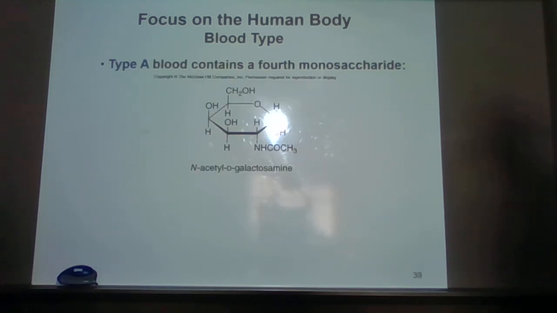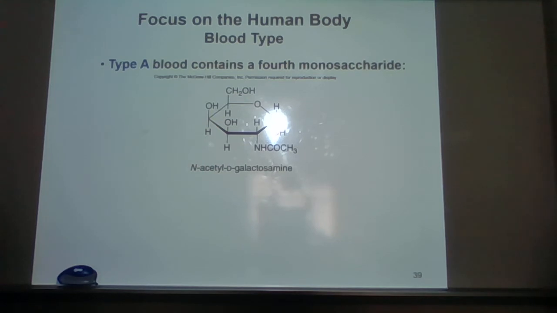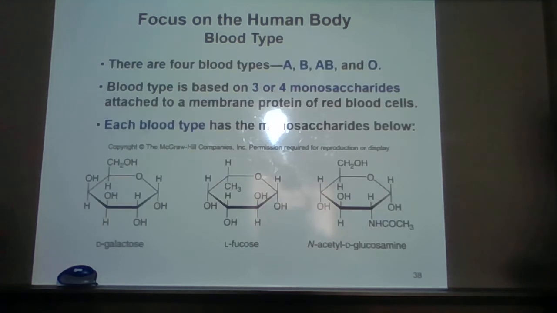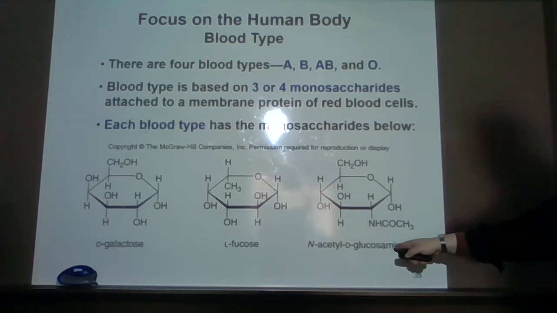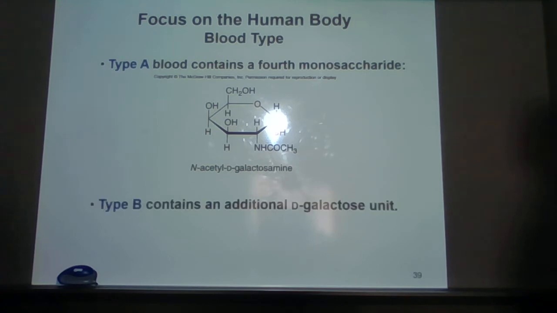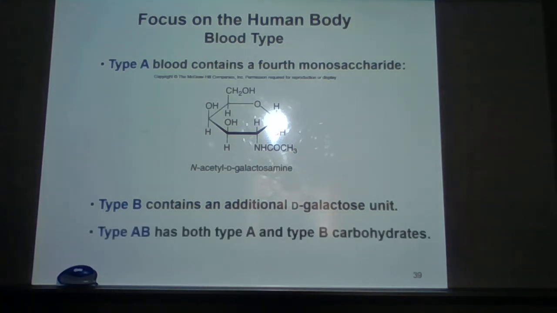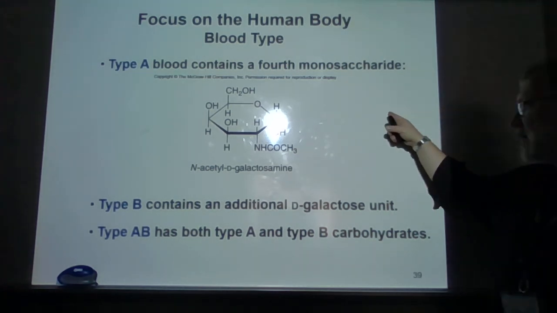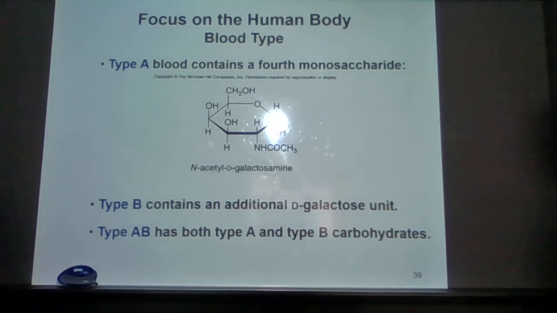Type A contains a 4th monosaccharide, not N-acetyl D-glucosamine, but N-acetyl galactosamine. Type B contains an additional D-galactose unit. Type AB has both the components of the A-type and B-type blood carbohydrates.